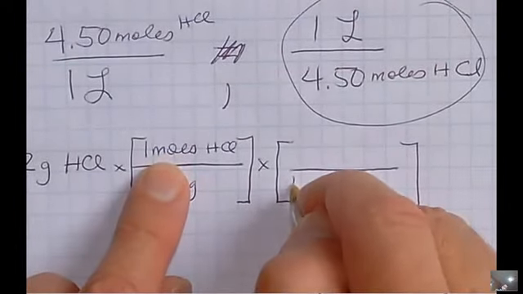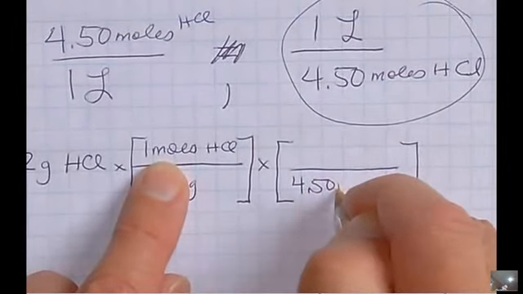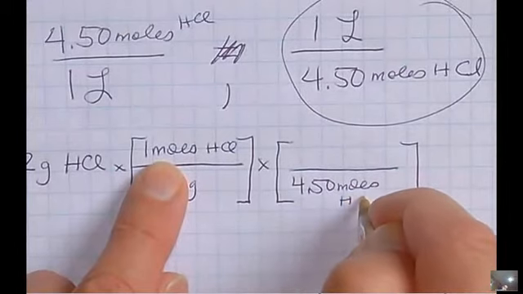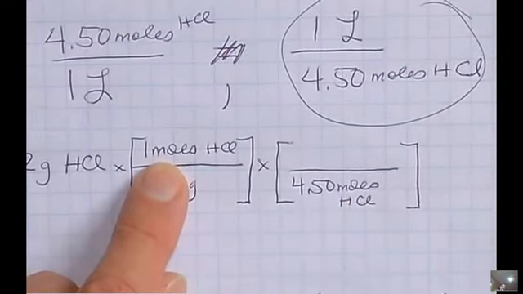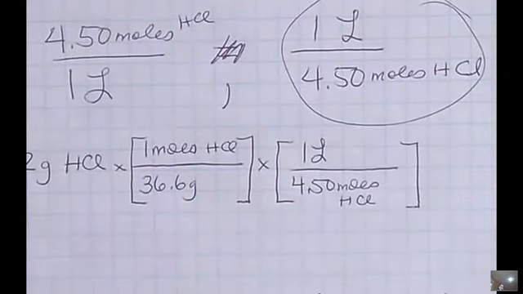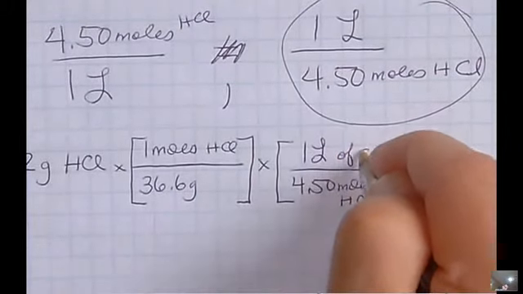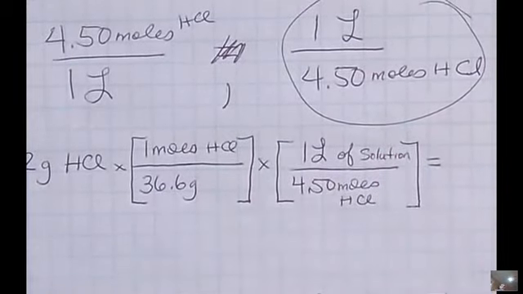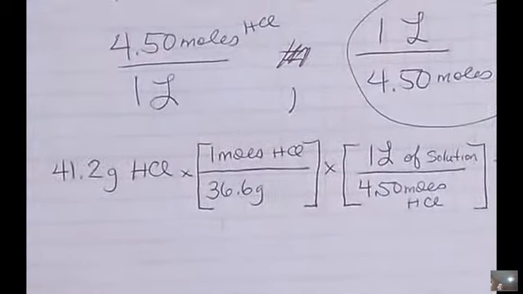For every 4.5 moles of HCl, that's how much HCl I want to deliver, I need 1 liter of this solution. I don't have to write "of solution" every time. So this is going to give me the number of liters of solution I need.